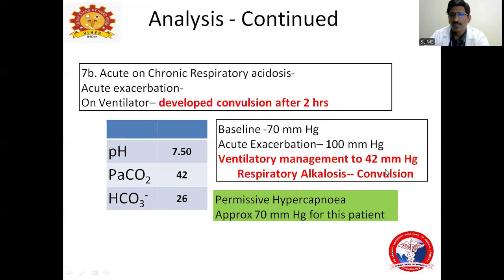But in ventilator management, the resident wanted the normal CO2, so he brought it to 42. From 70 to 42, it becomes respiratory alkalosis for the patient. So this caused the convulsion. So permissive hypercapnia means you allow approximately 70 mm of mercury for this patient. So our aim should be only 70 mm, not the 40 mm.